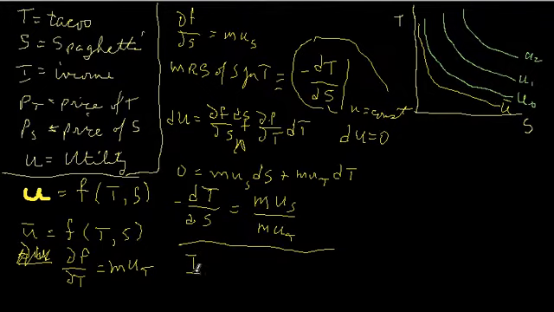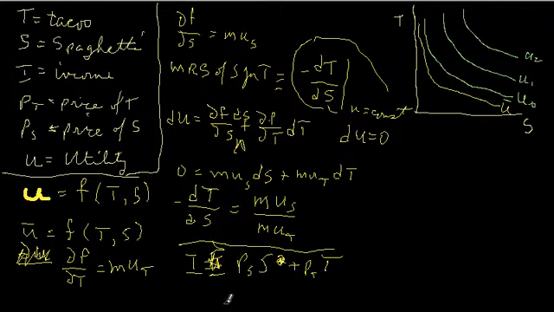So income can't exceed PS times S plus PT times T. PS times S is spending on spaghetti, PT times T is spending on tacos, and that has to be less than or equal to income.